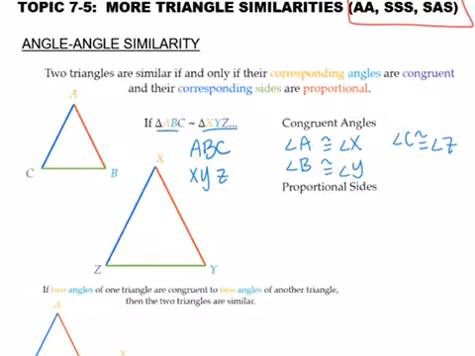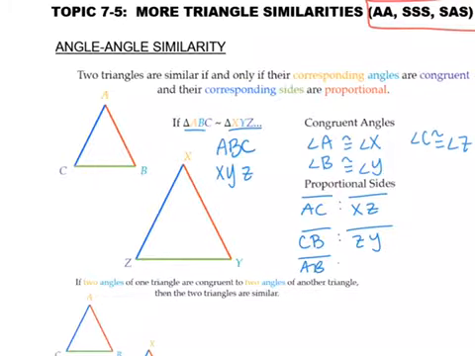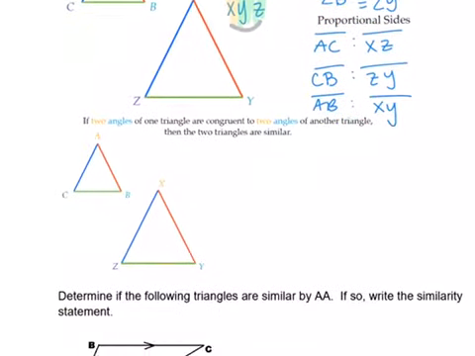And then proportional sides, you can hopefully see from my picture, the blue, so AC is proportional to XZ. The green, CB to ZY, and the red, AB to XY. These can also be done how we did in the other units, like AB to XY, BC to YZ, and then AC to XZ. Those can work as well.